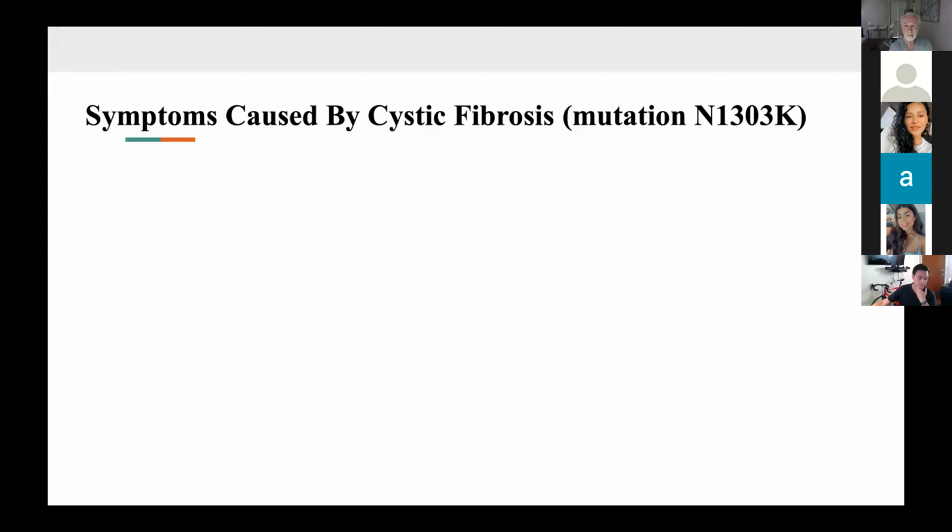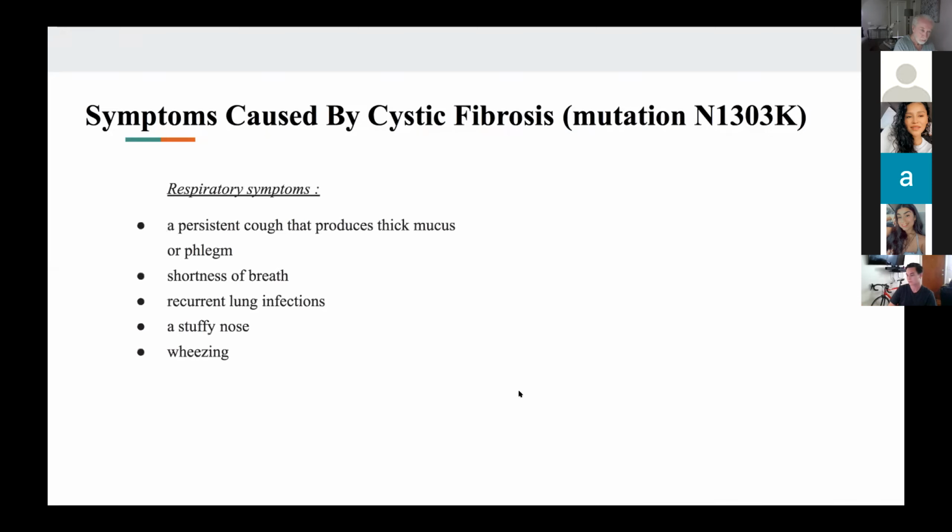CF affects the respiratory system by creating mucus that blocks air sacs known as the alveoli in the lungs, which is when people start showing respiratory symptoms like a persistent cough that produces thick mucus or phlegm, shortness of breath, recurrent lung infections, a stuffy nose, or wheezing.